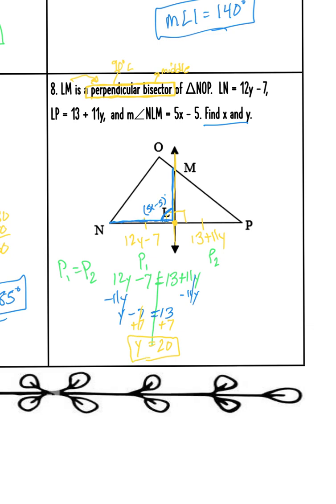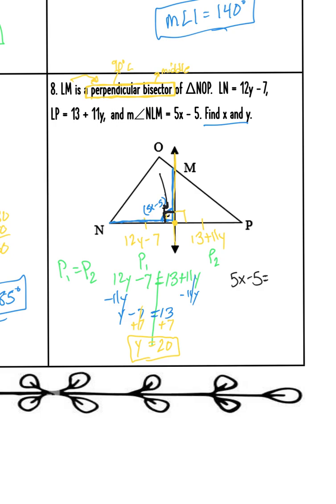So there's y. Now let's find x. Now x is super easy. You just have to think about it a little bit more. We have 5x minus 5 equals, well, this angle here at L, with LM a perpendicular bisector, has to be 90 degrees. Remember that box we put there earlier?